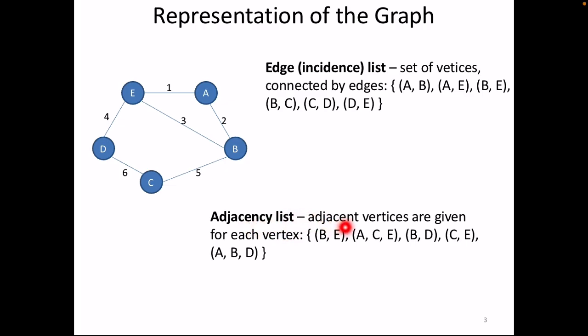Another one is the adjacency list. Adjacent vertices are given for each vertex.